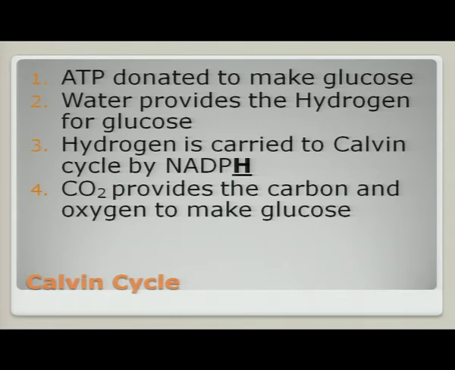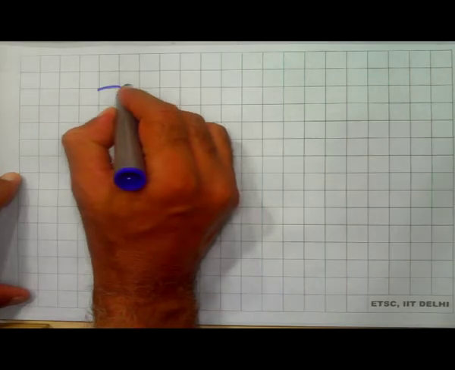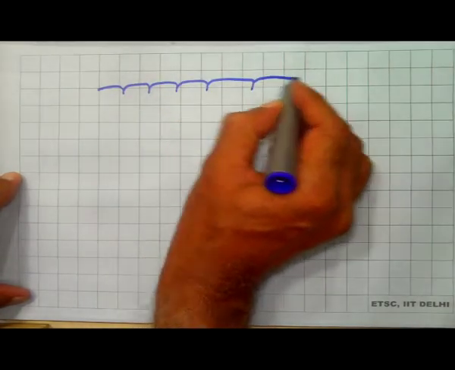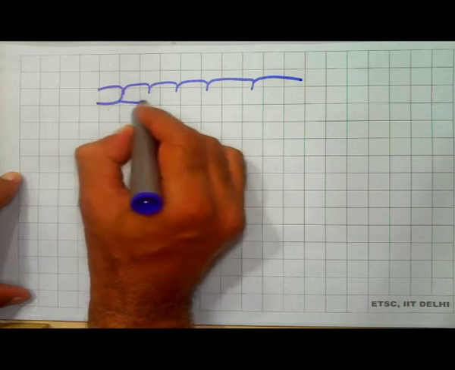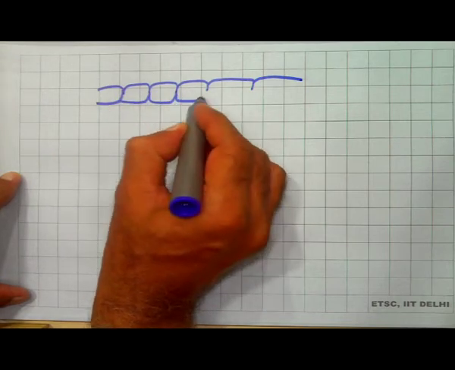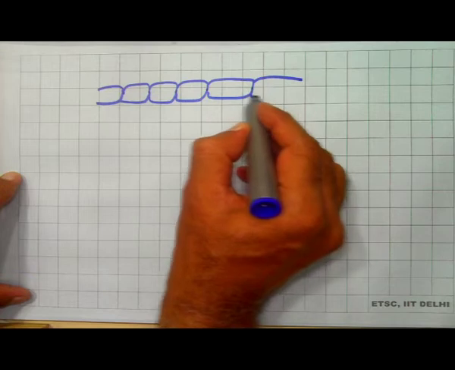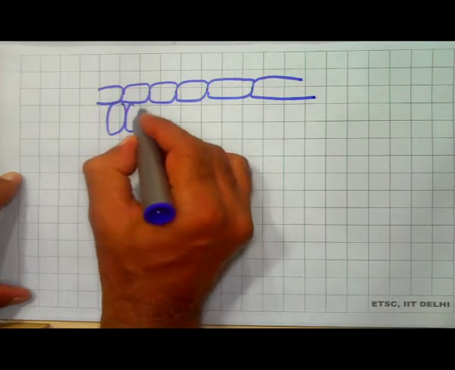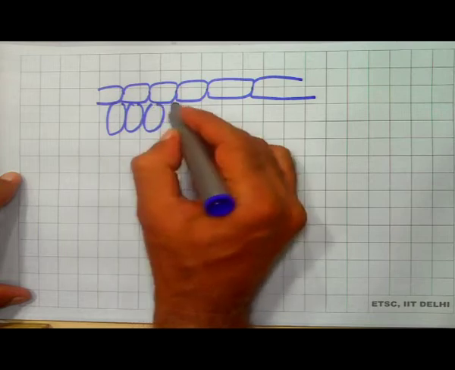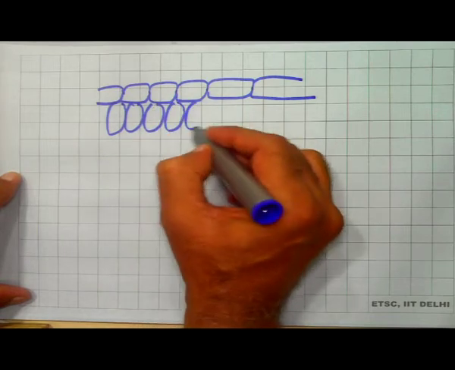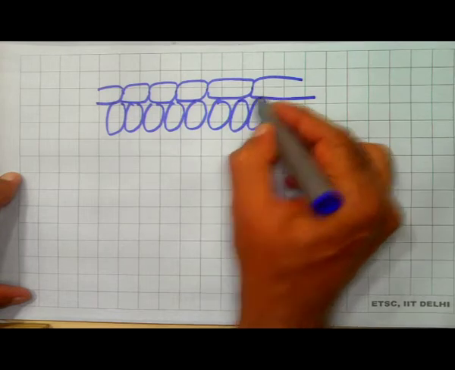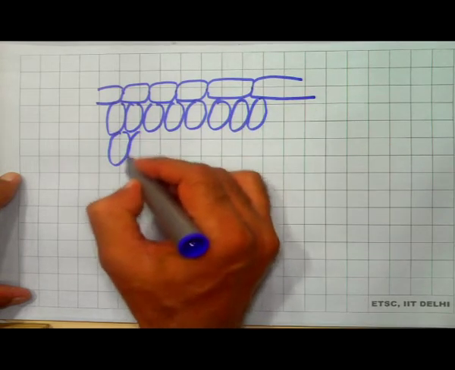Normally, in a dicot leaf, just below the upper epidermis there is parenchyma, called palisade parenchyma.